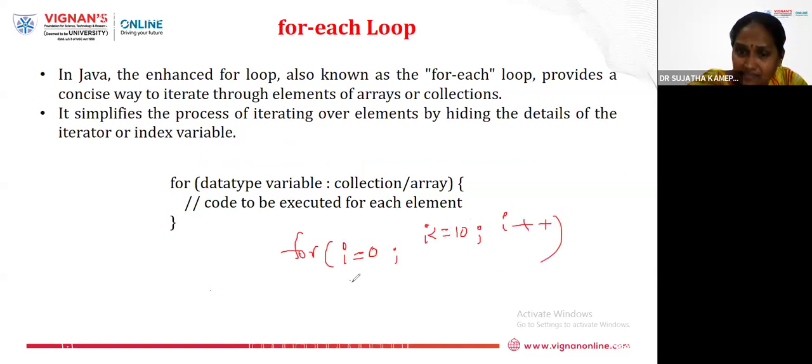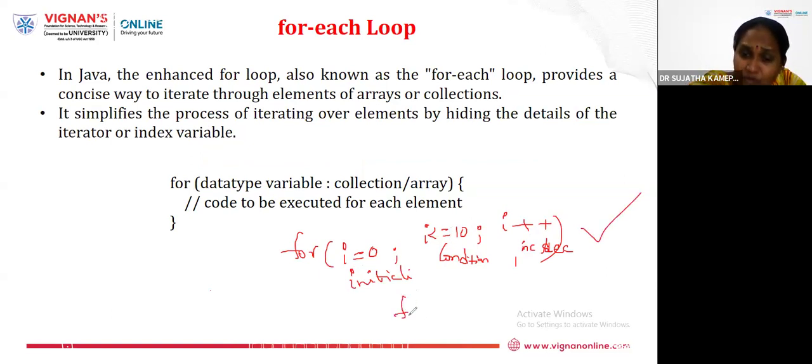Here we write the initialization, here the condition, and here either incrementation or decrementation. This is the general representation of a for loop.